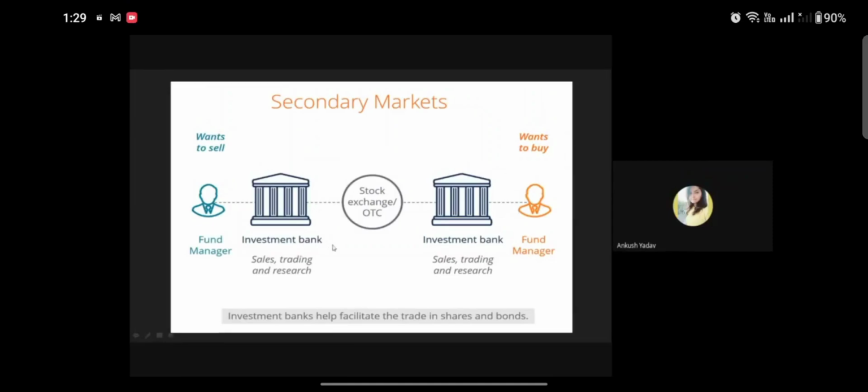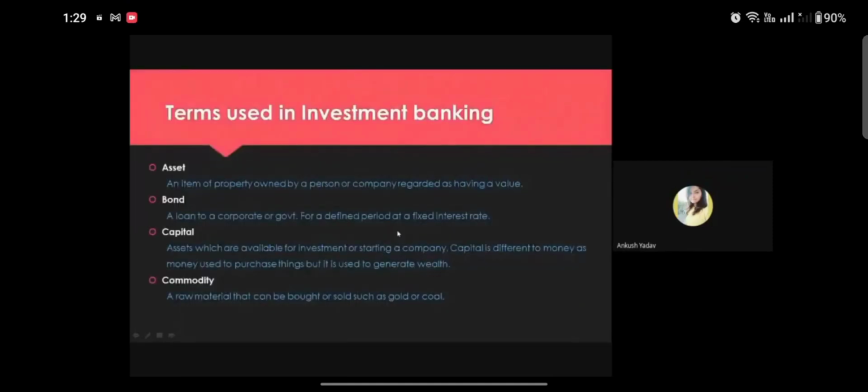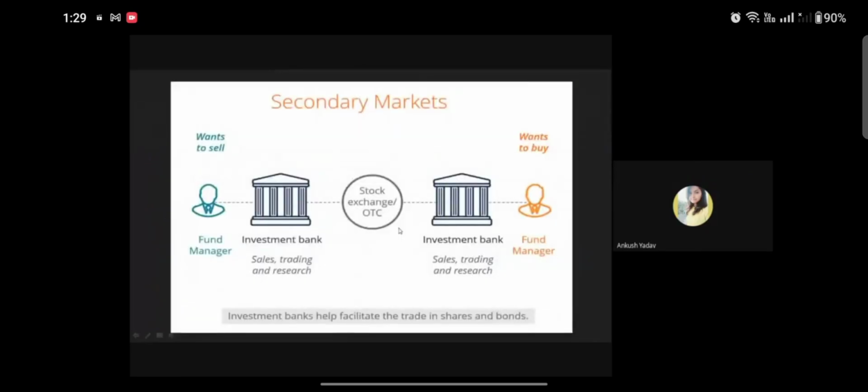This trade will be facilitated on the stock exchange, and the investment bank will work as an intermediator. They will match up the fund manager of the sell side with the fund manager of the buy side, and the trade will be facilitated.